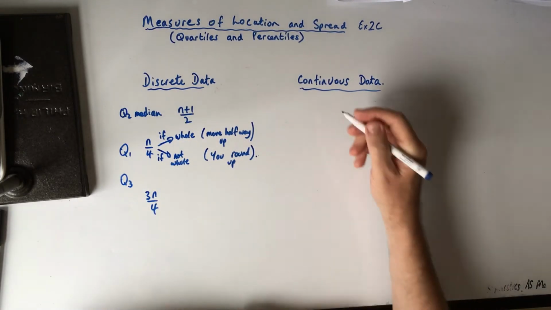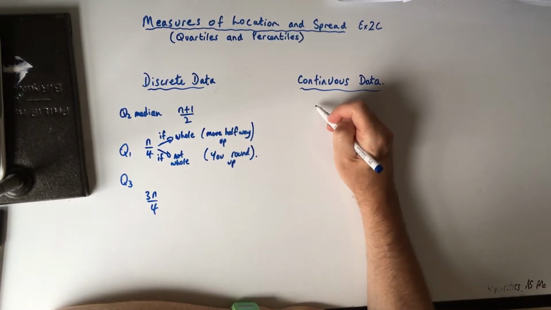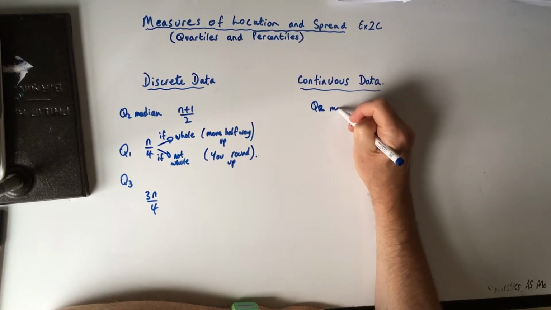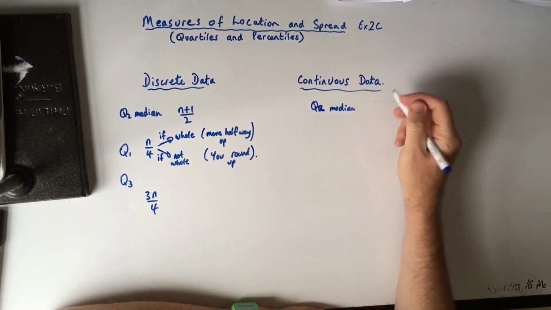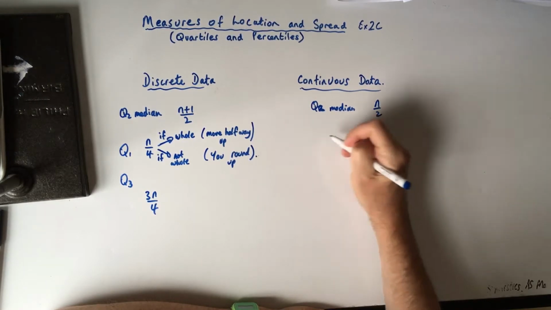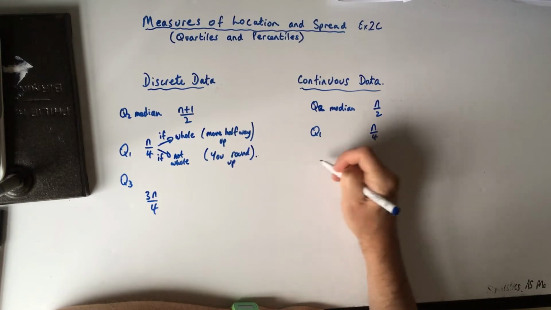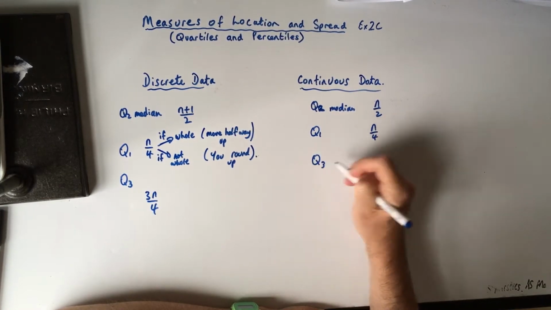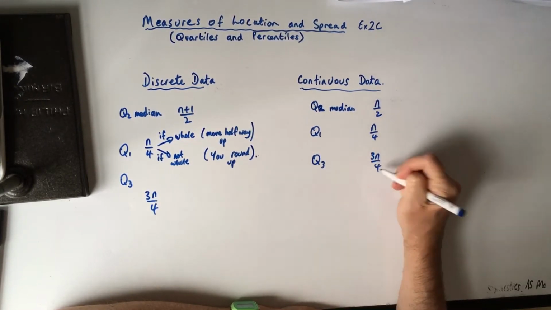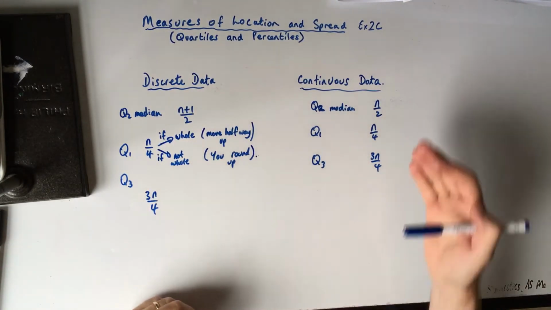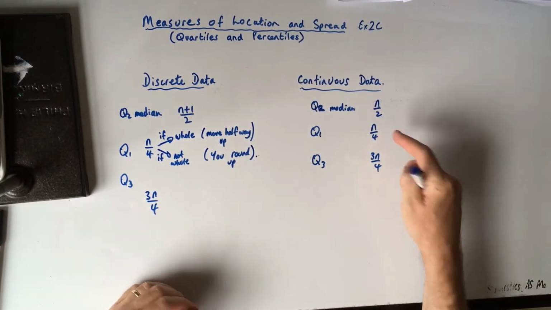Continuous data is easy. So Q2, the median, you just go n over 2, and Q1, you just go n over 4, and Q3, you just go 3n over 4. It is only an estimate, so you don't have to go n plus 1 divided by 2, you just halve it, and that's the middle, quarter it.